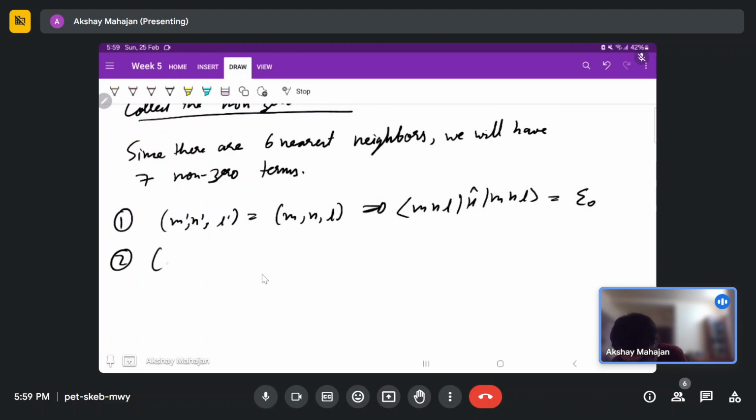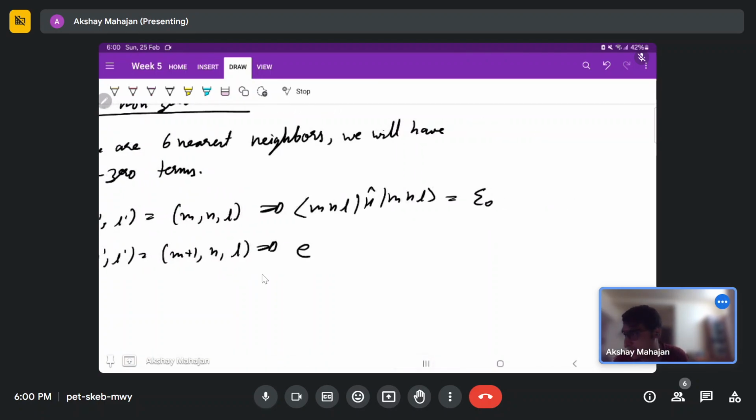Then the next case will be m prime, n prime and l prime equal to m plus 1, n, l. So that will be e to the power minus iota kx of a, times m plus 1, n, l, H cap, m, n, l.